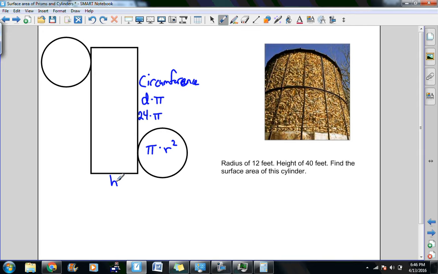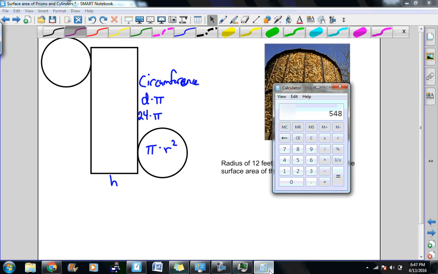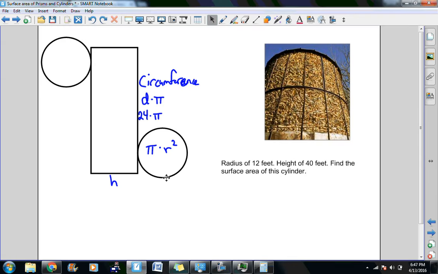So now that we've drawn that out, let's see if we can find the areas of each. And we're going to use our calculator to help us. So if the radius is 12, that would be 144 times pi for each of the circles. So that gives us 452.16.